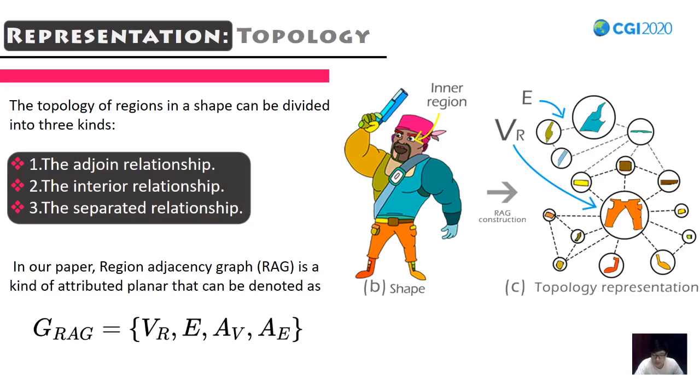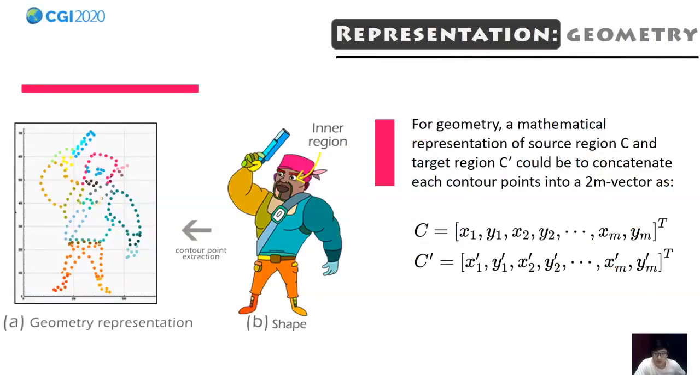The separated relationship has no shared boundary. For geometry representation, the regions are made up of the contour that can be represented as a set of sequential strokes capable of forming a closed curve in the animation.